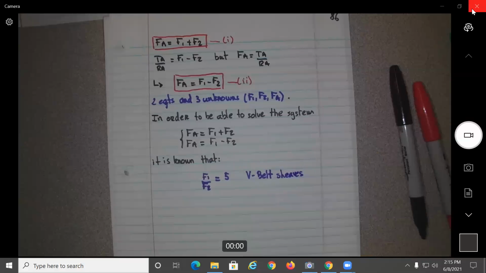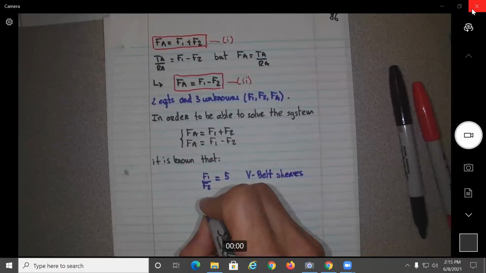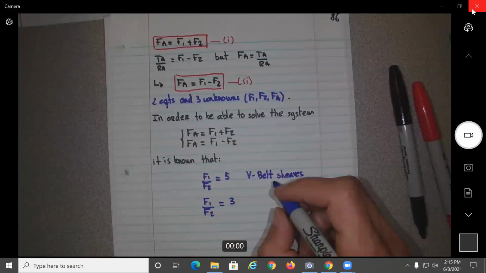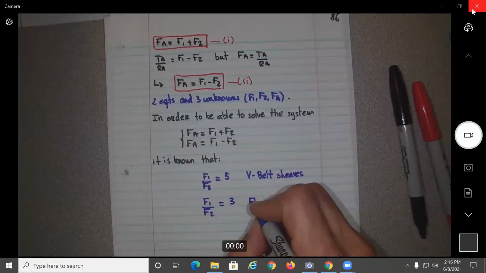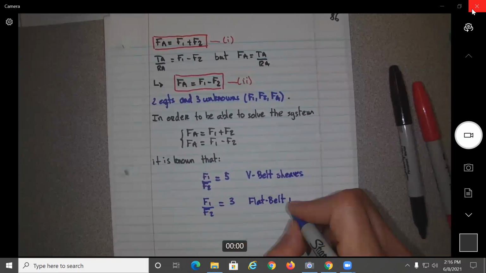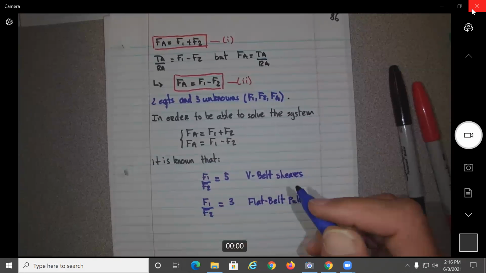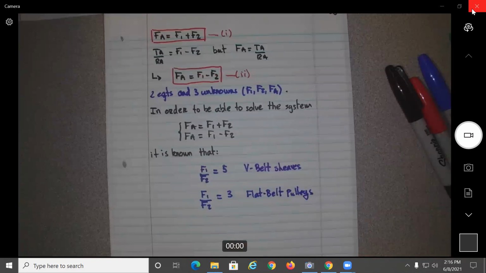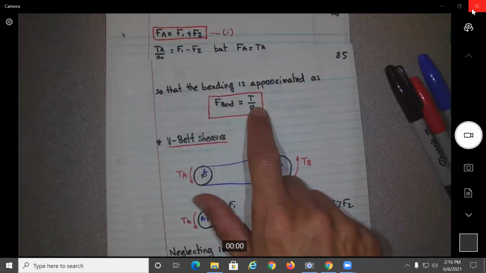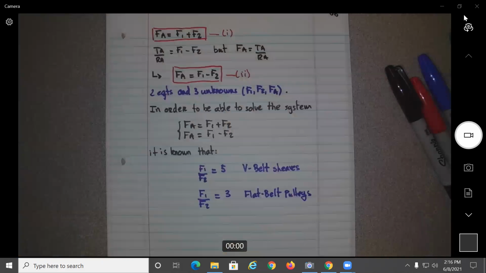I guess they get all this experimentally, and that F1 over F2 is equal to 3 for flat belt pulleys. So depending on the type of belt you choose, you can have a different ratio of F1 over F2, which then will let you solve for the bending force, that would be T over R, and F1 and F2, the forces on the tension.